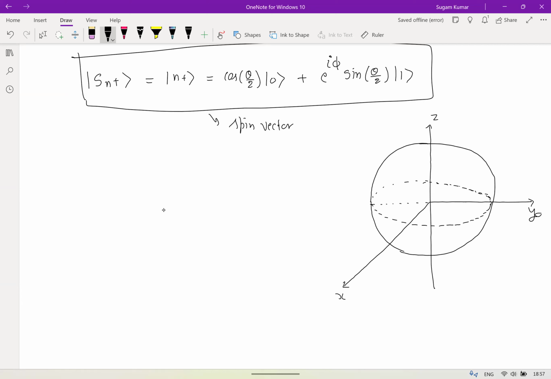So you see that in this 3-dimension, as I mentioned, this spin I can represent as a vector, maybe this dot. So this is my vector that is called n plus. And here is the angle we define, theta. And if I look at the projection, it will go somewhere here. And this is the angle along the x-axis, that I can call phi.